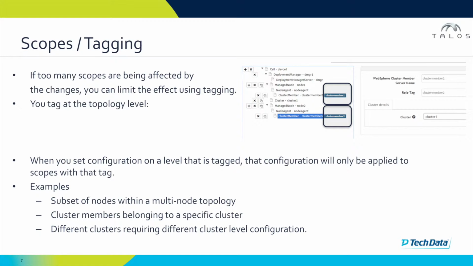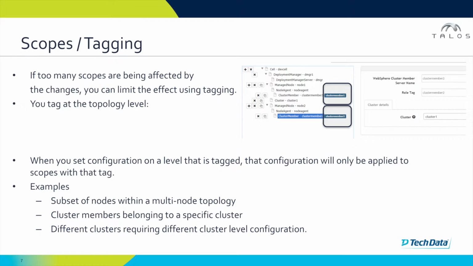For example, here we're doing this on the cluster member level. So if we had a piece of configuration we were applying to cluster member one and it wasn't role tagged, then that piece of configuration would also apply to cluster member two. If we set a role tag, then we can set configuration to only be applied to scopes with that tag.